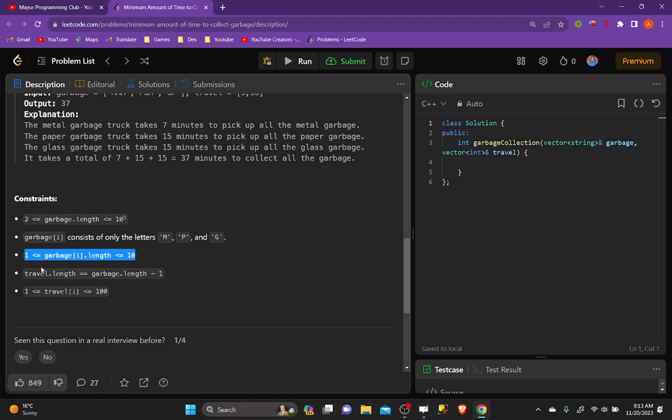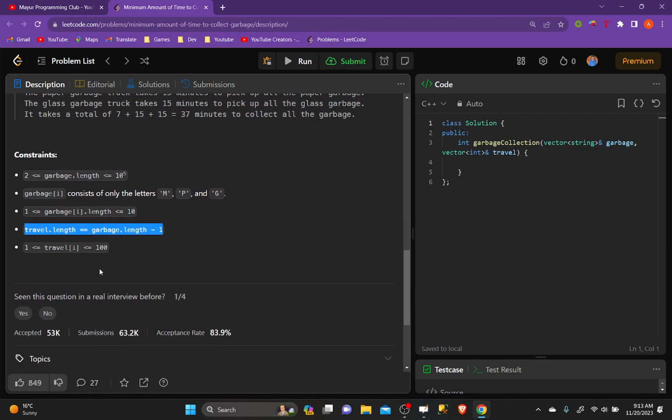And then the travel length will be one lesser than the garbage length. So it will also be of order 10 raised to power 5, and each entry in the travel array will range from 1 to 100.